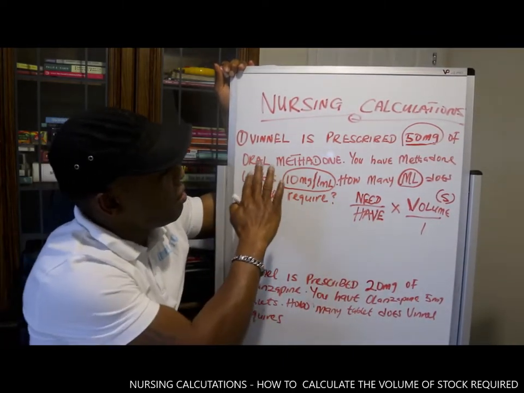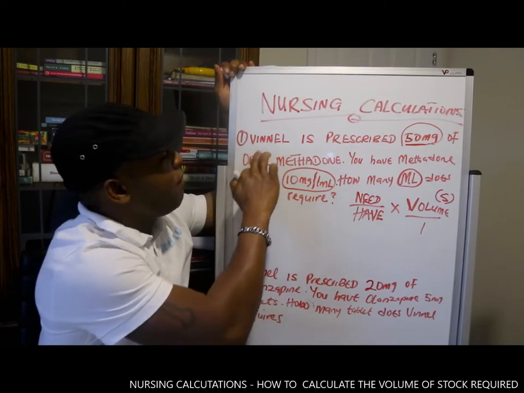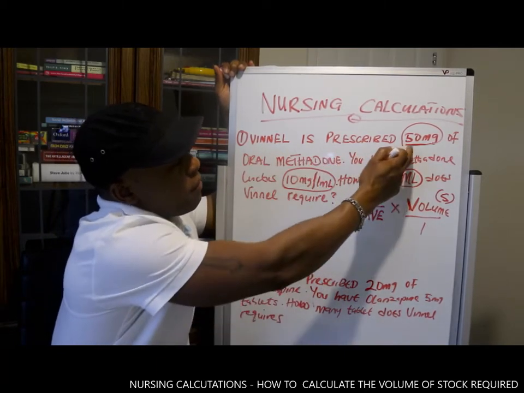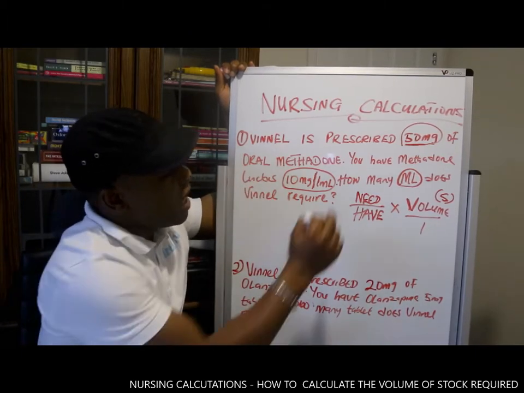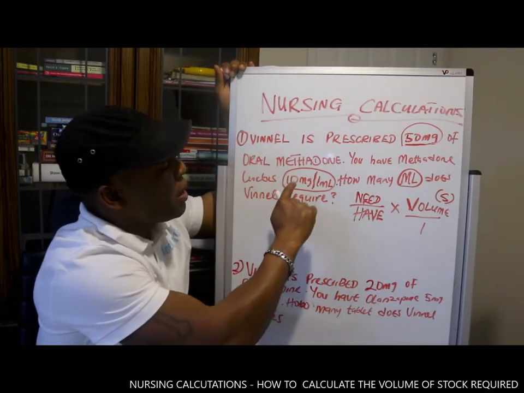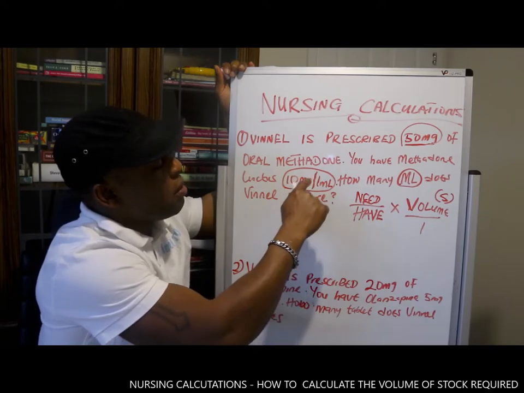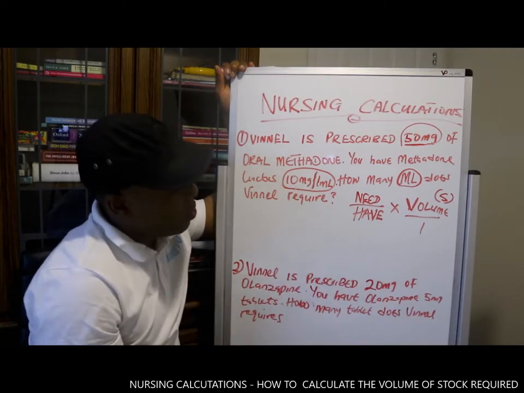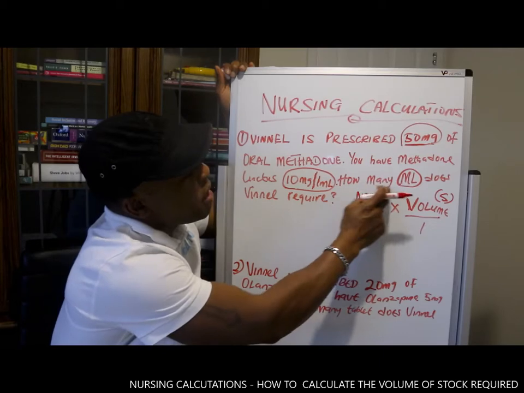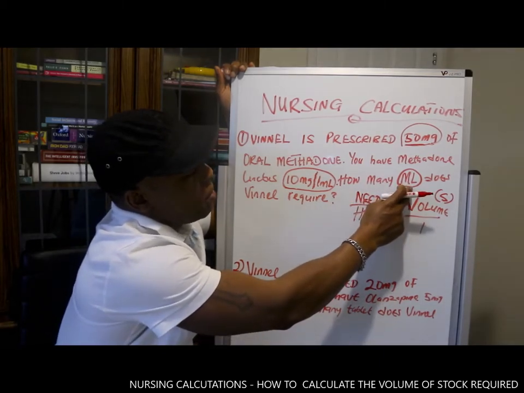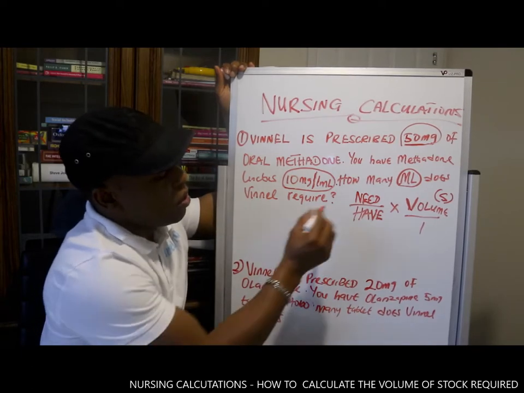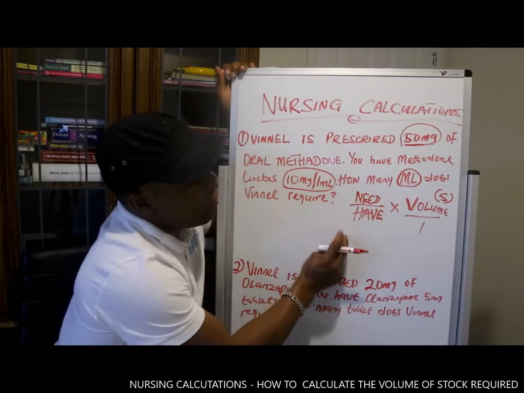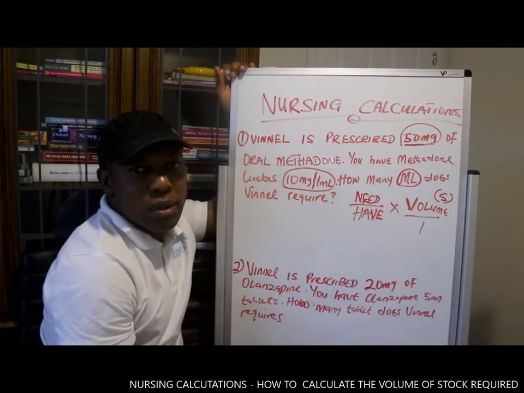So in this question, Vinyl is prescribed 50 milligrams of oral methadone. You have methadone linctus 10 milligrams in 1 ml. The question is how many ml, which is the volume, does Vinyl require? So you need to understand this: need over has times volume.